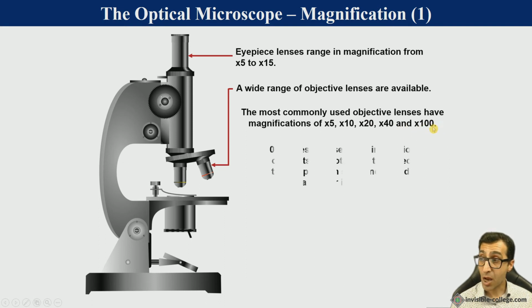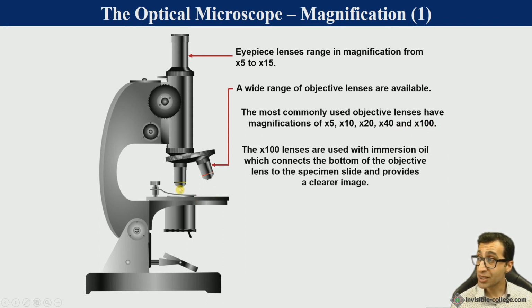Now, if you're using ×100 lenses, these are usually used with an immersion oil. So usually if you're using the higher power of objective lenses, what you'll first do is place a very small dot of oil on the surface of the cover slip and then lower that lens to the point where the objective lens and the cover slip are connected by that oil dot.